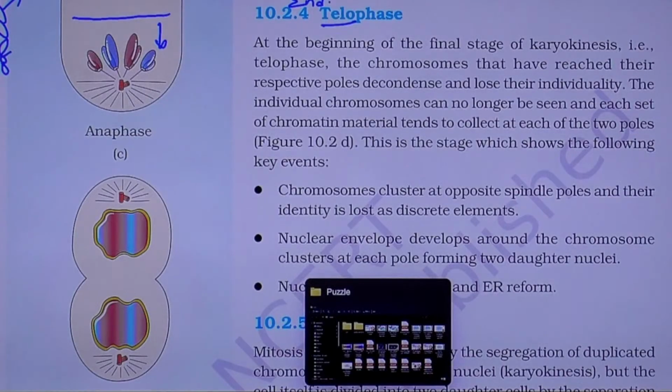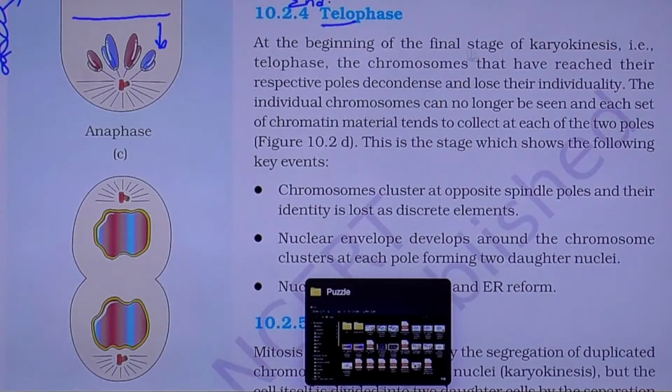Nucleolus and nuclear envelope will disappear. In telophase it is rearranged, and the condensed material will be decondensed. So, we will start the telophase.